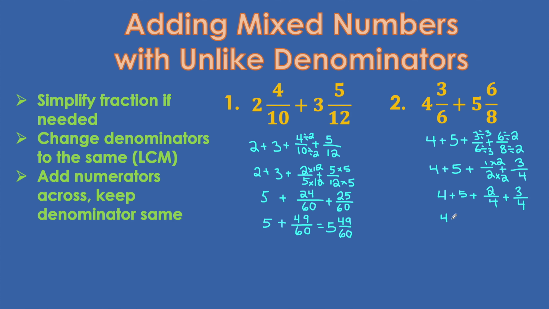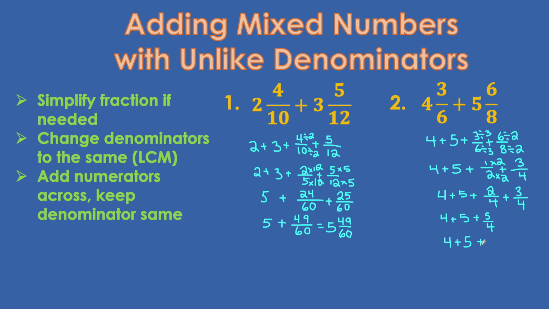And we have 4 plus 5 plus 2 plus 3 is 5, and we keep the denominator the same. Four plus 5 plus 5/4.